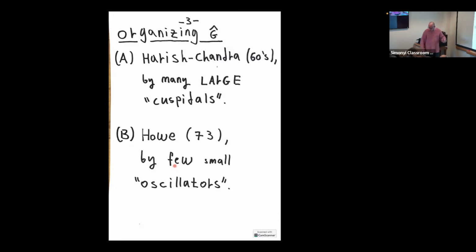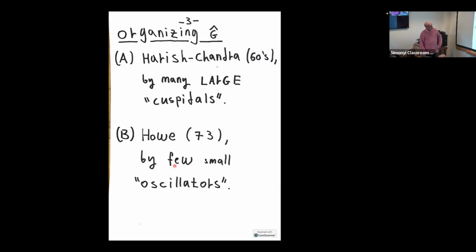This is a very fruitful approach, which led people eventually to classify irreducibles of finite groups of Lie type, the work of Deligne and Lusztig, and then the work of Lusztig himself. But there is another approach initiated by Roger in '73, where you study all irreducible representations in the case of classical groups by very few representations that I will call oscillators in this lecture, and I will tell you all about this in the case of SL2.